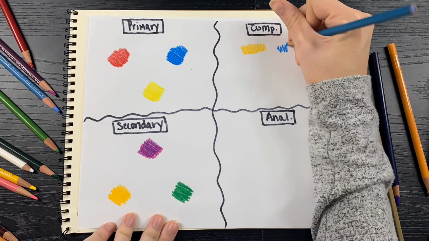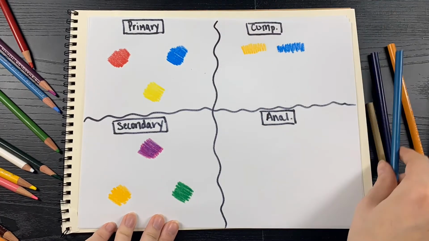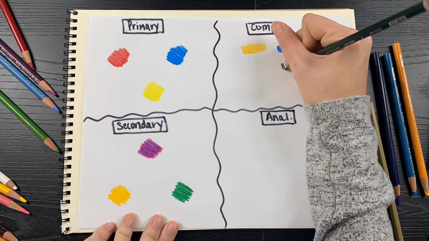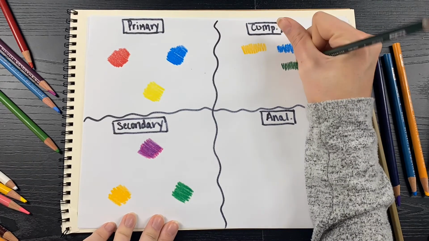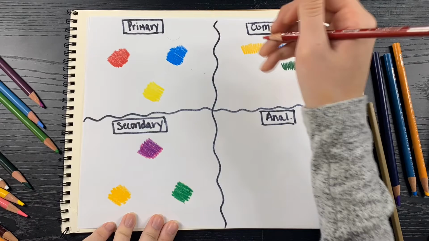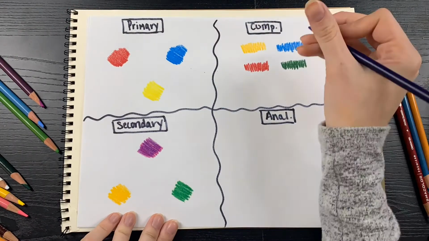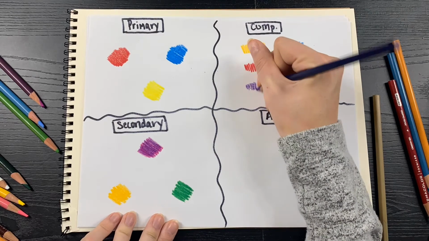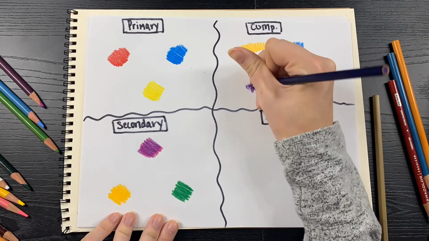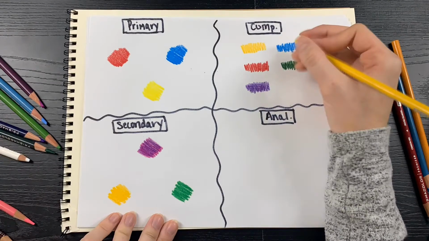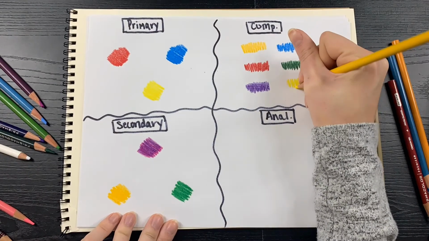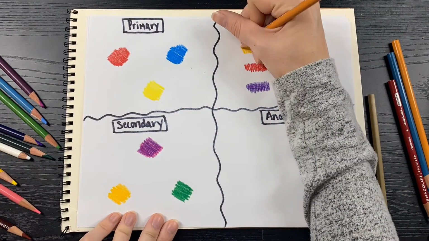Opposite orange is blue. That is the complementary color pair. Here we have green. Complementary green is red. And lastly, we have purple. Complementary color of purple would be yellow. So these colors are each paired in a complementary way, okay?